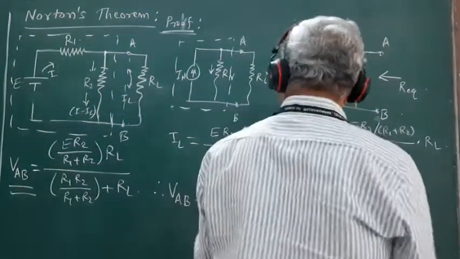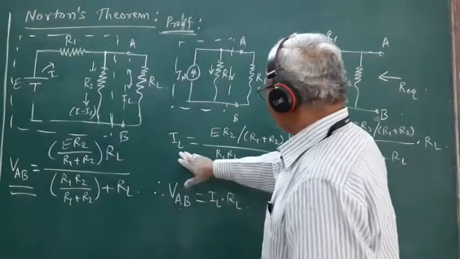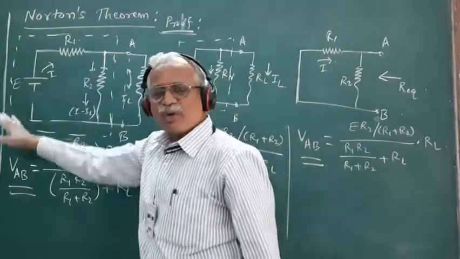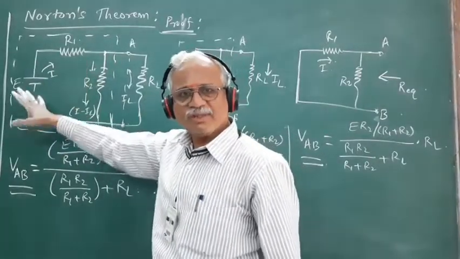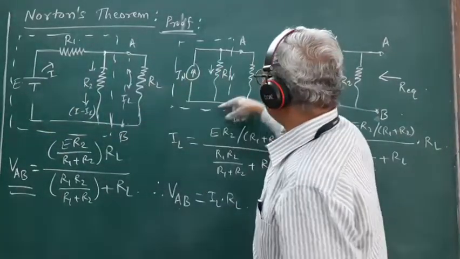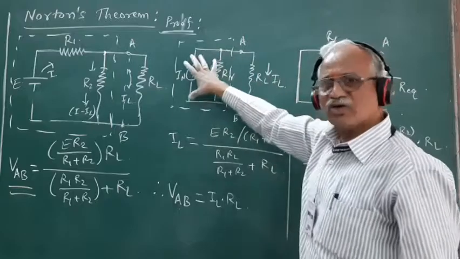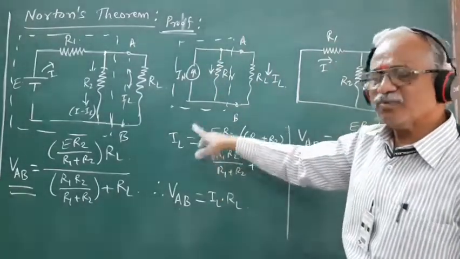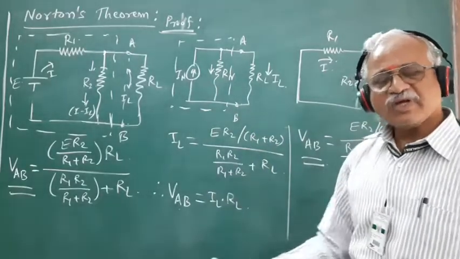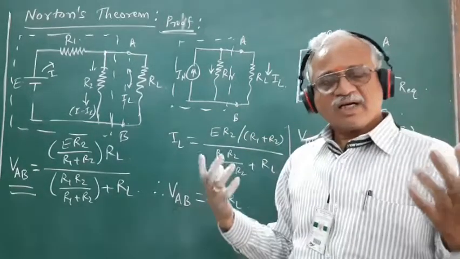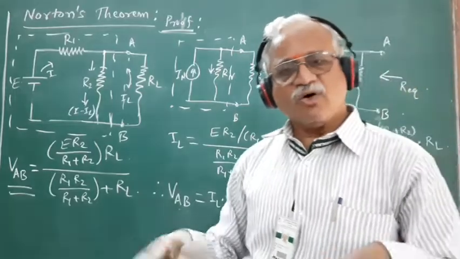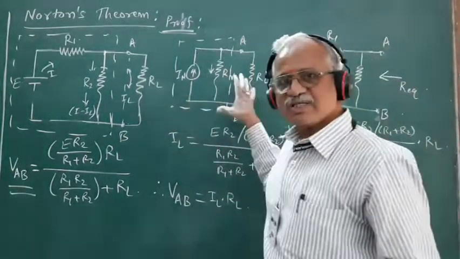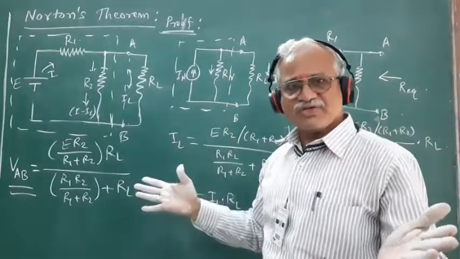Or else we can just compare the expressions for IL also. In case when there was the given complicated network connected to the left of the terminals A and B, and when that complicated network is replaced by this Norton equivalent circuit, we get the same expression for IL, the current flowing through the load resistance. Either we can compare the currents flowing through the load resistance, or we can compare the potential drops across this load resistance in the two different situations.